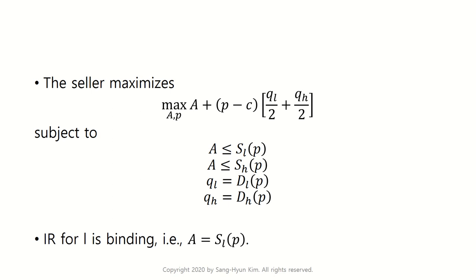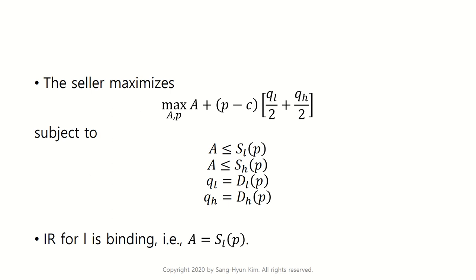Because these IC constraints must be binding, they are just equality constraints. Then the question is, which of the IR constraints is binding? And the answer is the IR constraint for the low type consumer is binding.